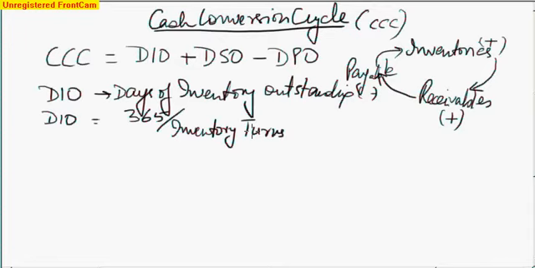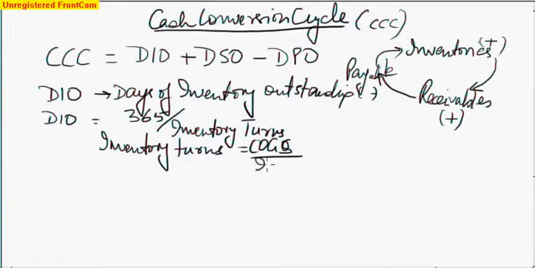If you recall, in one of the earlier videos, we had seen that inventory turns is equal to cost of goods sold divided by the inventory, which is the number of times the inventory has actually turned over. The higher the inventory turns, the better it is for the organization. And days of inventory outstanding is calculated by 365 divided by inventory turns.